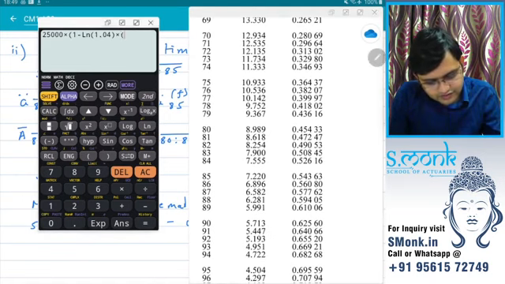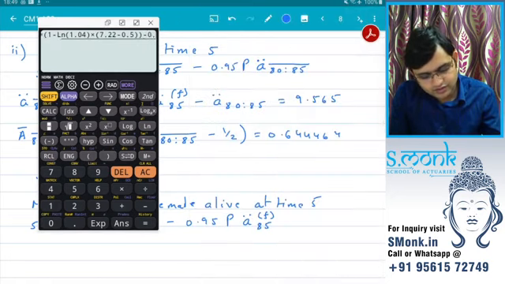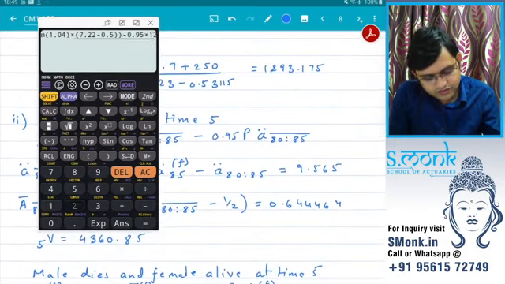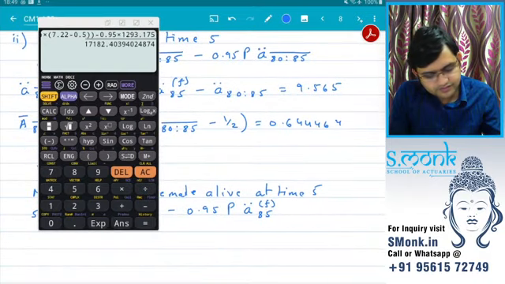So we have 7.22 minus 0.5, bracket close, another bracket close, and then minus 0.95 into what was the premium, multiplied by 7.22.